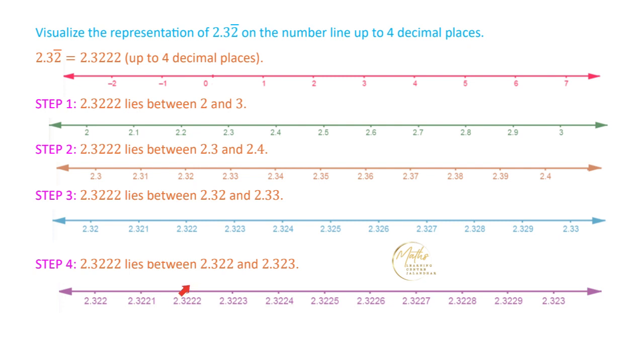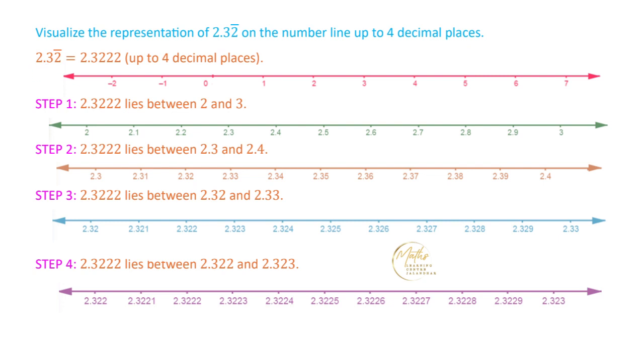So this is not the representation of this given number. It is the representation of the number 2.3222 and so on. If we have to represent this number 2.32222 and so on up to infinity, then this process will continue like this, and we cannot tell an exact point where this number will lie, because we will always obtain two numbers between which this number will lie on the number line.